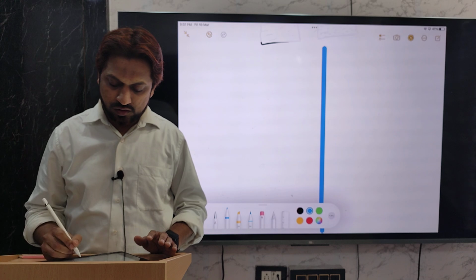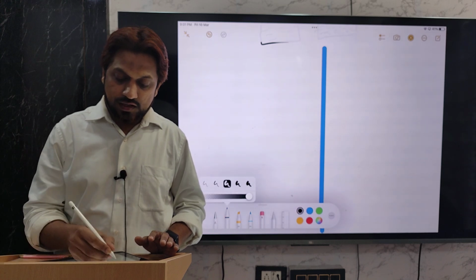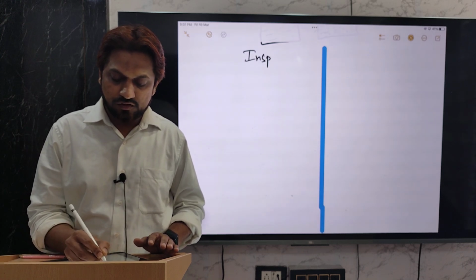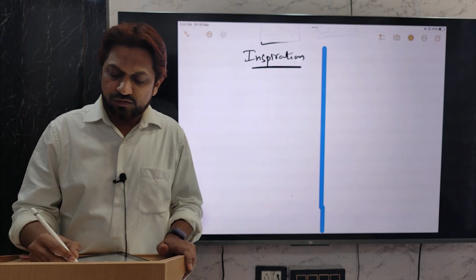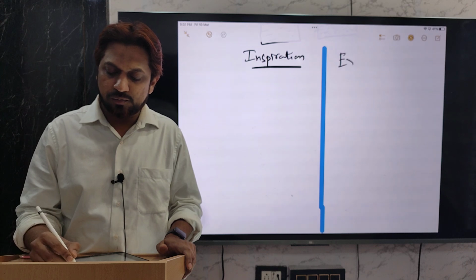On one side of this blue line there is the inspiration process, and on the other side there is the expiration process.